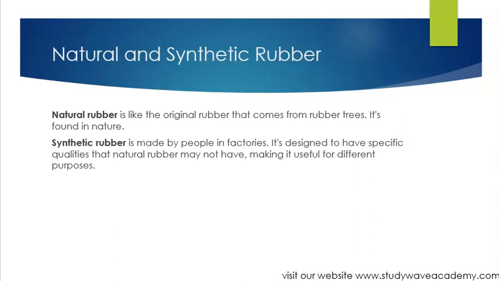Okay, so natural rubber is obtained from the latex of rubber trees, while synthetic rubber is produced from chemicals. Okay, so now we know the difference between natural rubber and synthetic rubber, right? Good. Let's look at the properties of rubber.